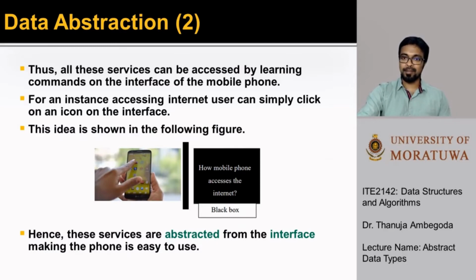It's a black box. It's abstracted away. What you need to interact with is just the interface. That's where you give the commands, open the browser, type the search keywords, things like that. So the interface is what you deal with, not the details of implementation.